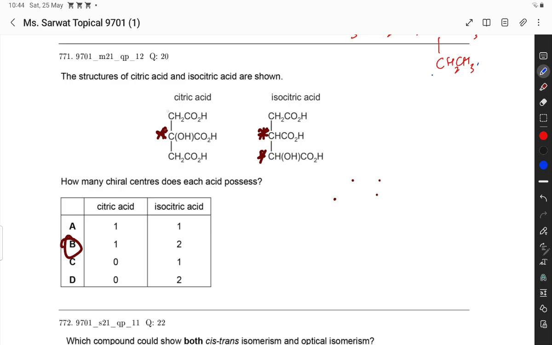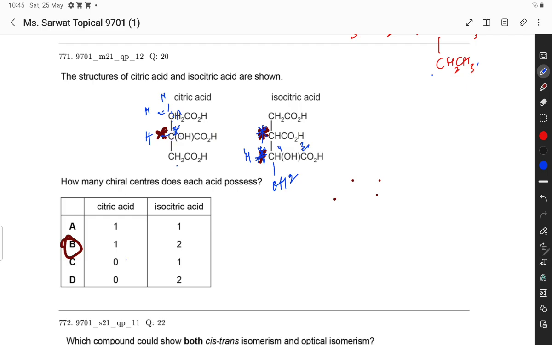So this is not chiral because it is surrounded by 2 same hydrogen atoms, and this is a chiral atom because one carbon is here, and this is OH, and then CO2H, and over here H. So this is a chiral carbon, and the middle one is also a chiral carbon, and this is also chiral because H is over here, OH is over here, and this is the fourth.